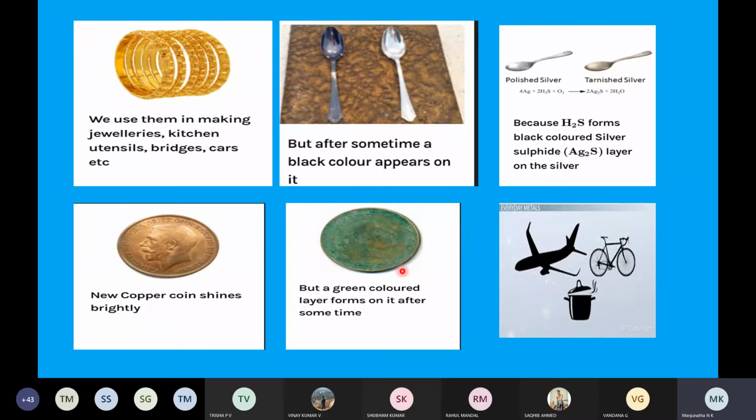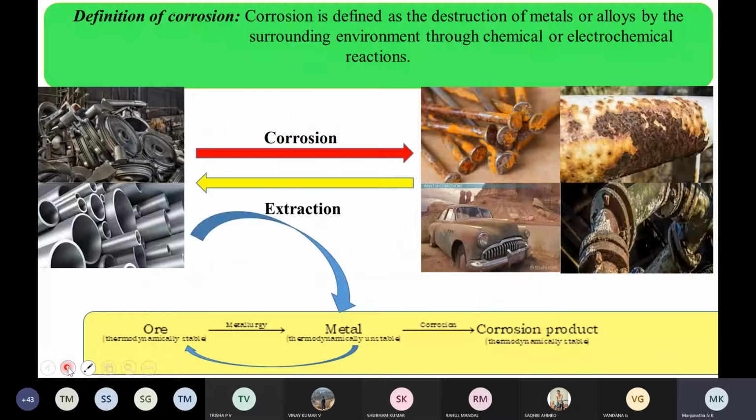This green precipitate on the surface of the copper coin is called corrosion, and it indicates the loss of copper metal. The process involving the loss, destruction or deterioration of metal by the surrounding environment through chemical or electrochemical reaction is called corrosion.